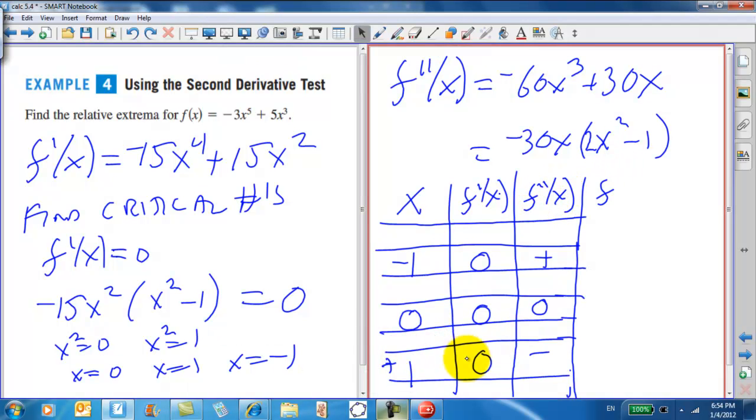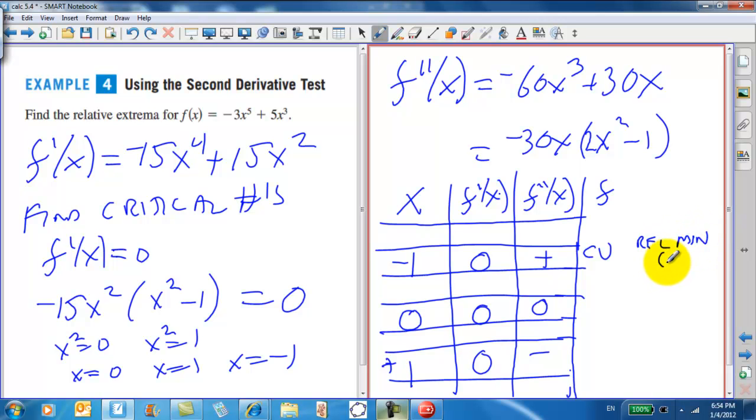So again, here's our different critical numbers. And negative 1, 0, and 1 all make the first derivative equal to 0. But they make the second derivative equal to different things. If I put negative 1 into the second derivative, I get a positive quantity. That means the original function is going to be concave up. And if it's concave up, that means you have a relative min.